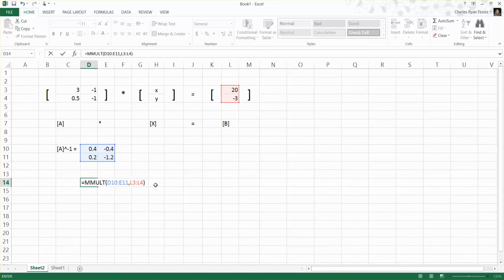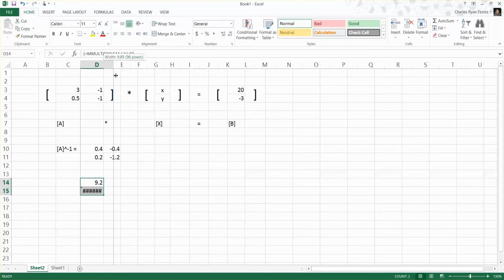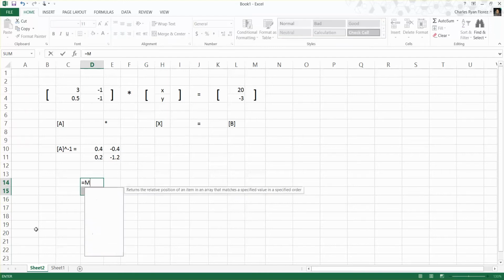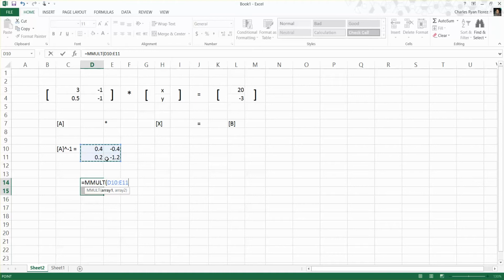So I'm going to hit Control Shift Enter, and I don't know if this is going to work properly. Let me see. And no, it didn't. I'm just going to select two cells and do it over. Control Shift Enter. And there we go.